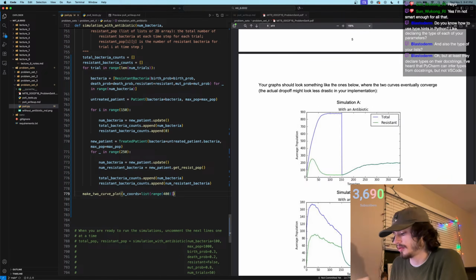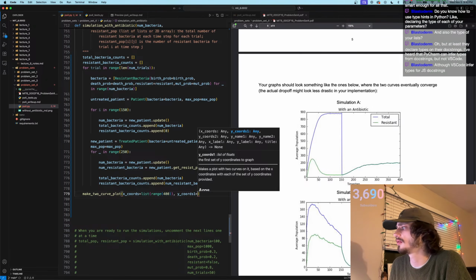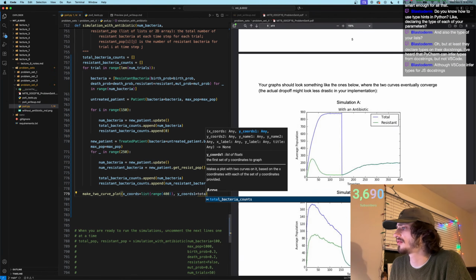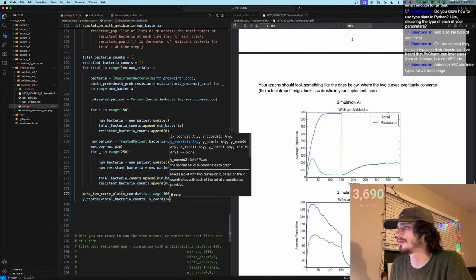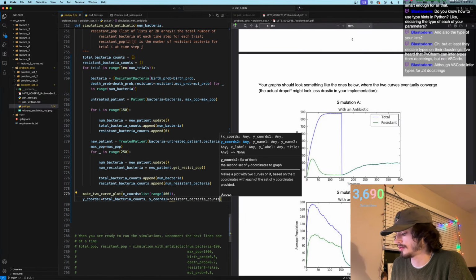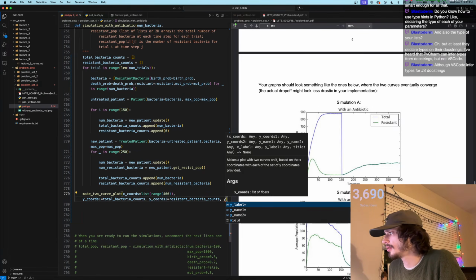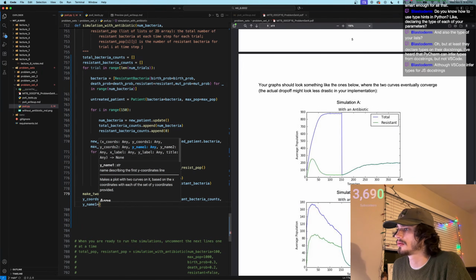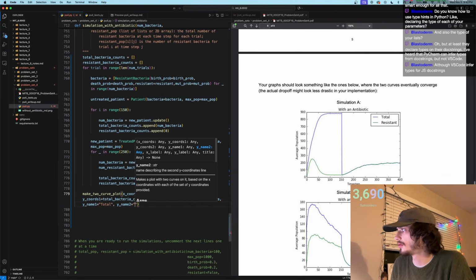Yeah. Then y coordinates 1 is going to be equal to the total bacteria counts. Y coordinates 2, resistance bacteria counts. Y name 1, oh, total. Y name 2, resistant.